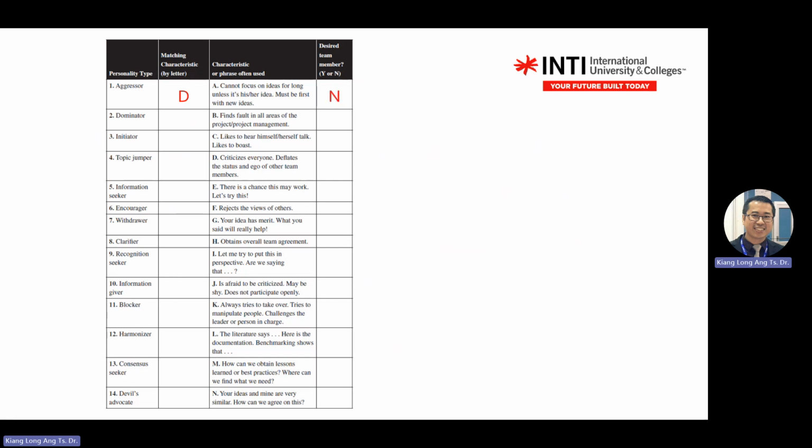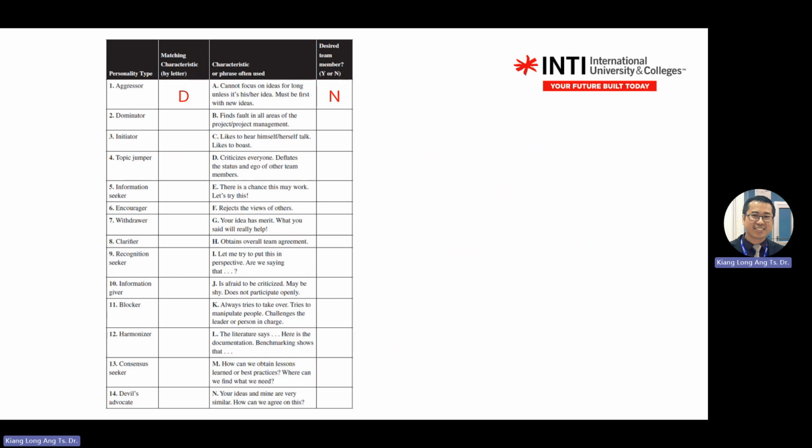No. Dominator, which one? D is taken already. What's your answer? You choose any from the characteristics column. Dominator is which one?